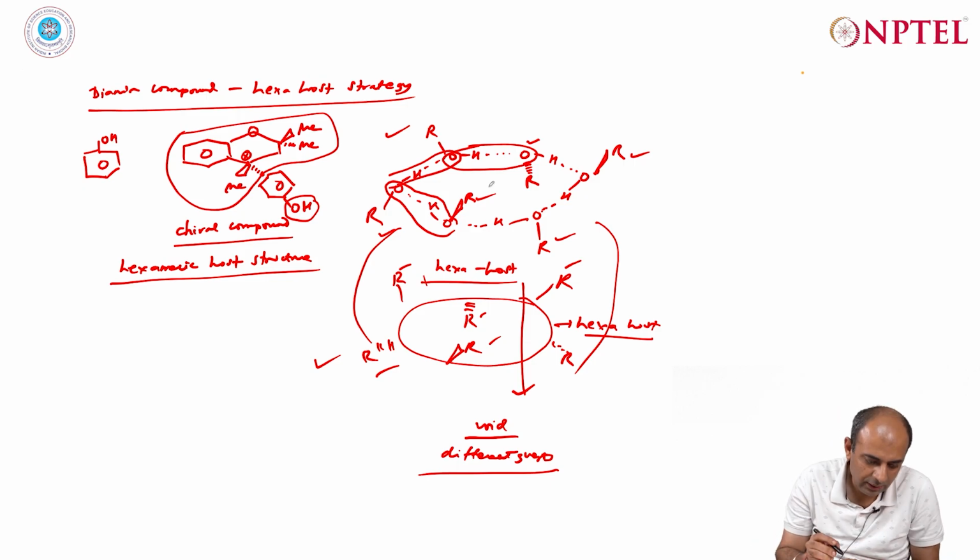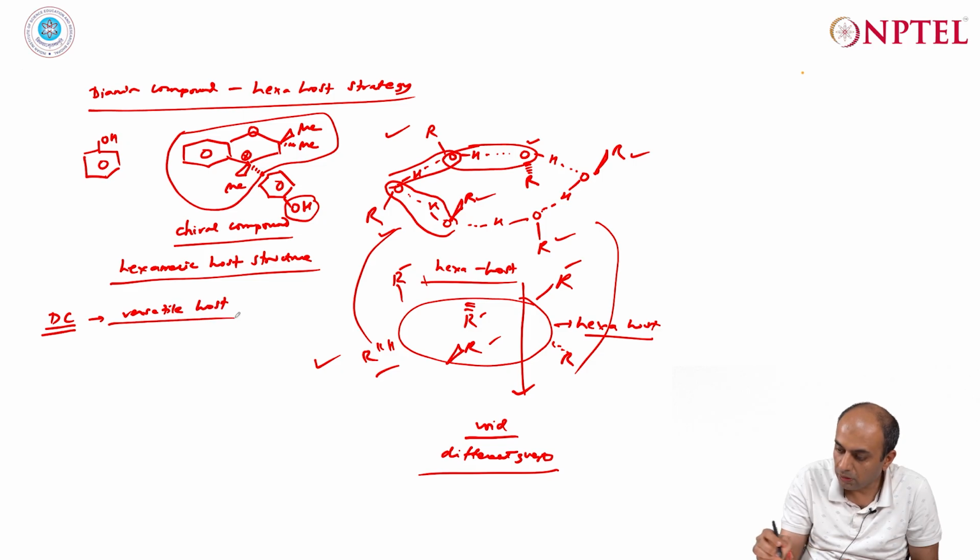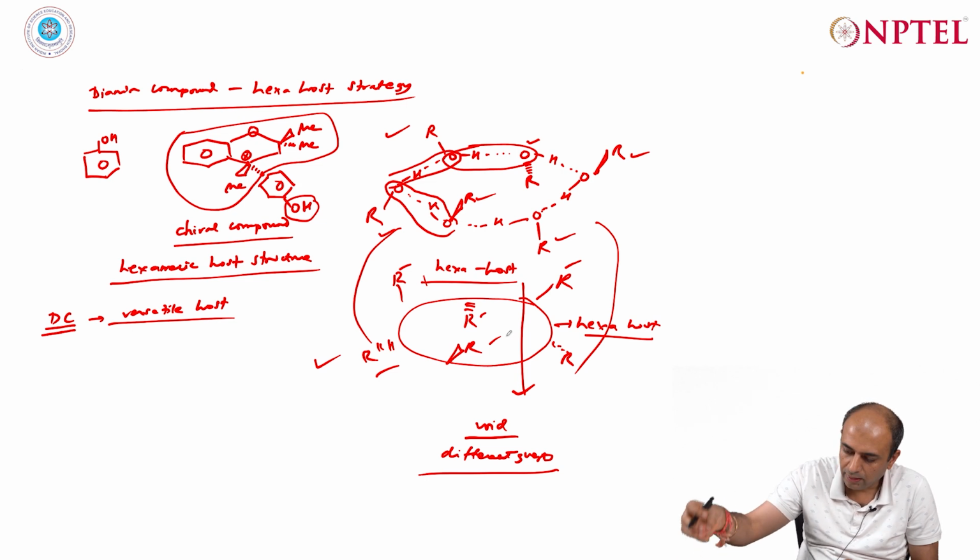So now we can say that Dianin's compound, I am writing it as DC, is a versatile host because of the formation of this hexa host complex and two such hexa hosts forming a net structure that has voids that can include different kinds of guest molecules.